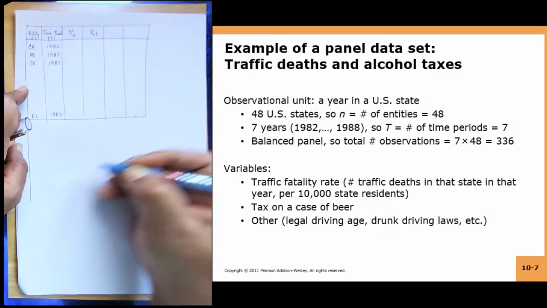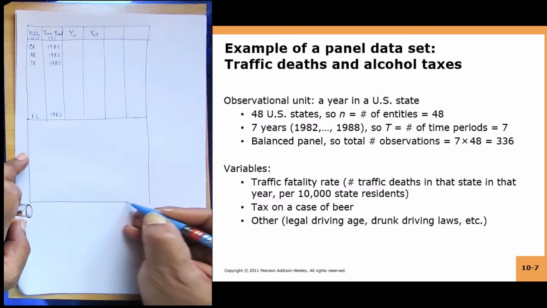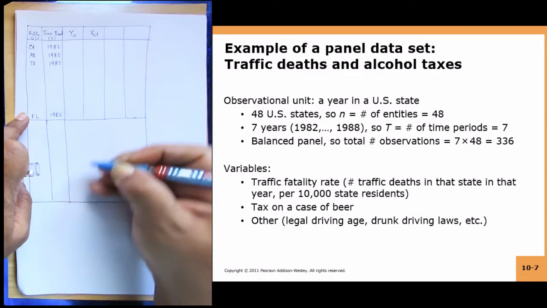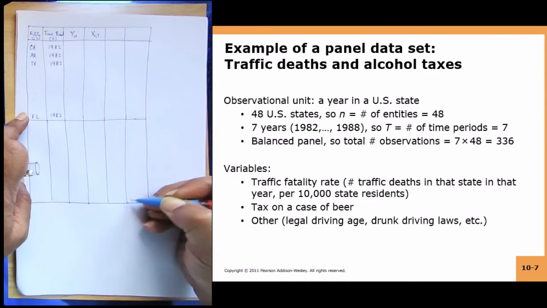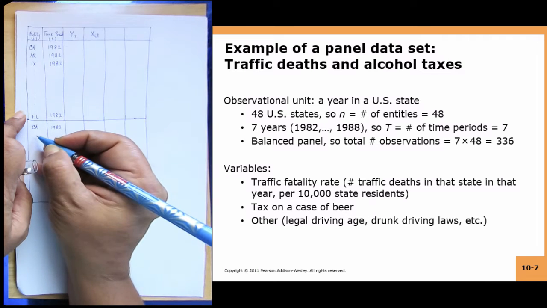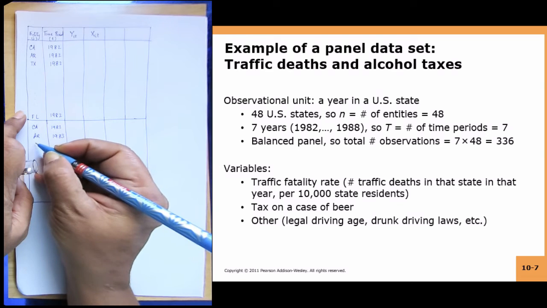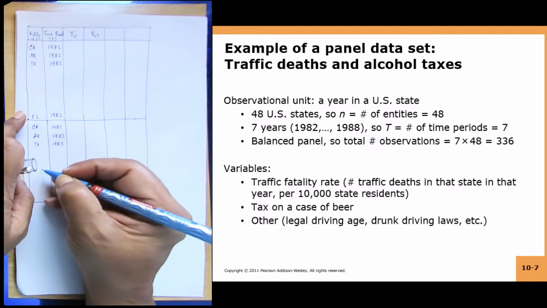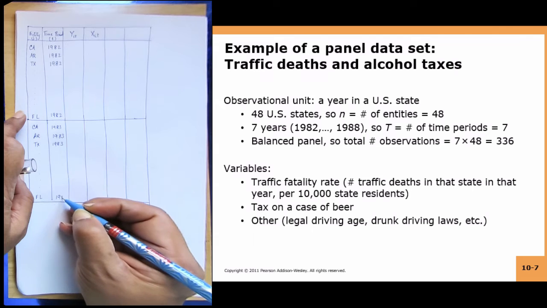But suppose you also have data for each of these states for another year, that is 1983. So this is two time periods. For each of the states you have data for 1983, you have data for Arizona for 1983, you have data for Texas for 1983, and so on until you have data for Florida for 1983.